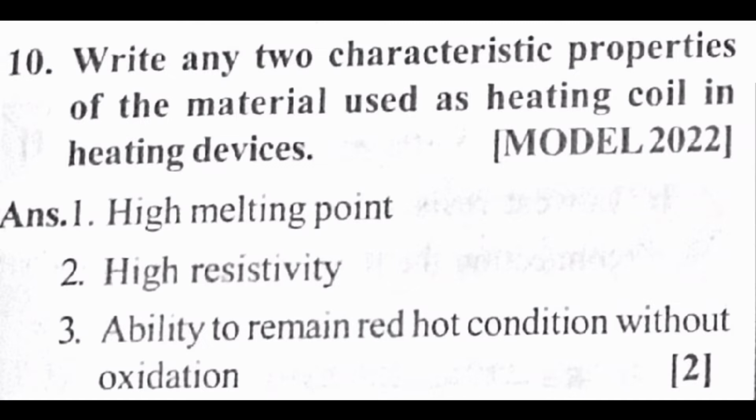Then it should have the ability to remain in red hot condition for a long time and without getting oxidized. So how can we write down the answer? First one is high melting point, the second one high resistivity, and third one ability to remain in red hot condition without oxidation.